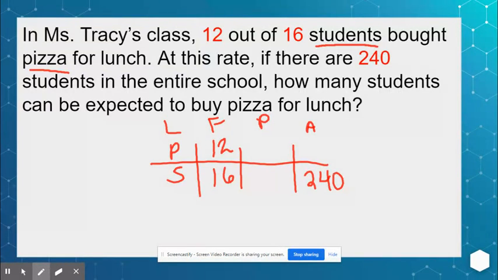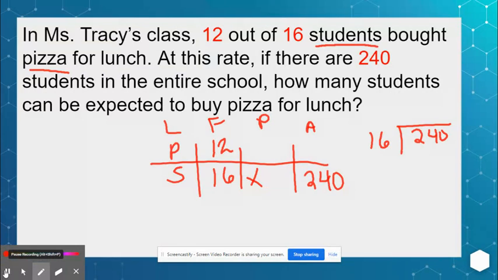Now you have to figure out, what are they doing to 16 to get 240? Now, you may not know that real quickly in your head, so you would have to go to the side and divide. We know they're multiplying because it's getting bigger. So you would have to divide 240 by 16.